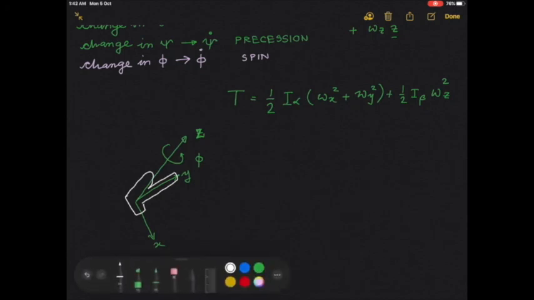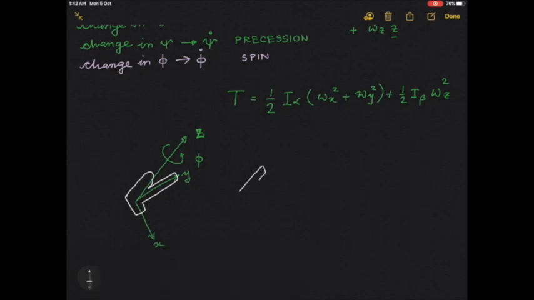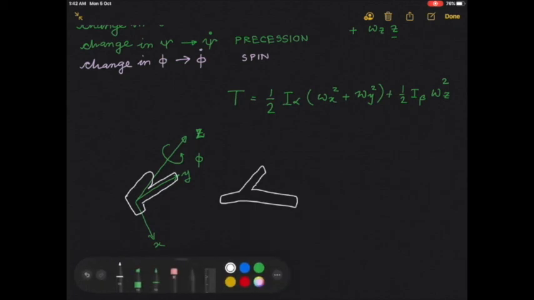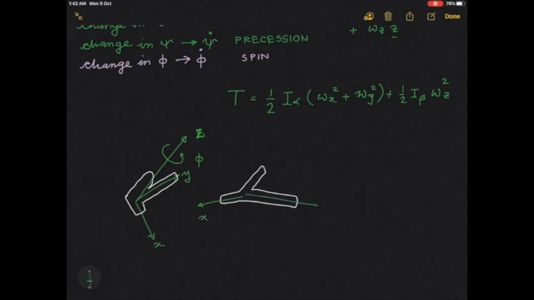Now in this case, what will happen is, if I give a rotation along z, the y-axis and the x-axis of the body can change. So it may become like this. Now my x is along this direction, y is along this direction, z remains as in the original direction. So this is a rotation in phi.